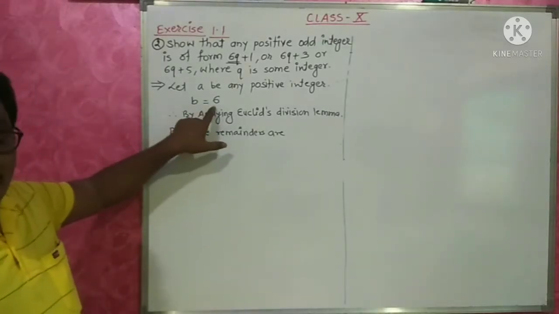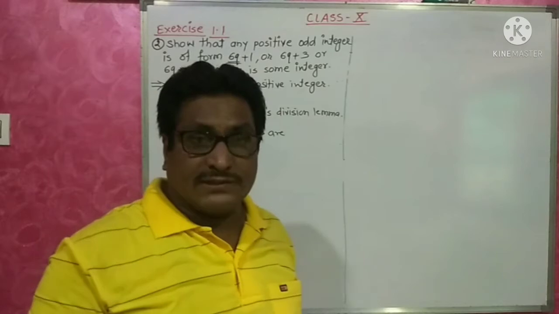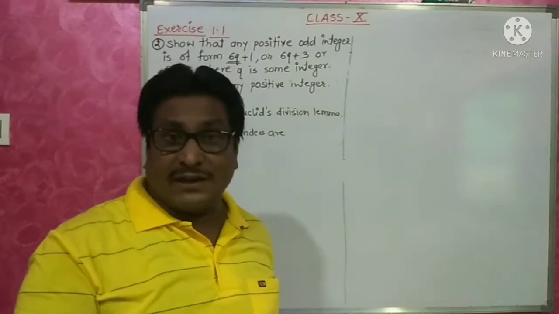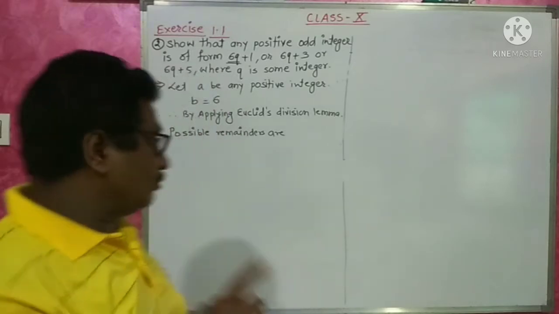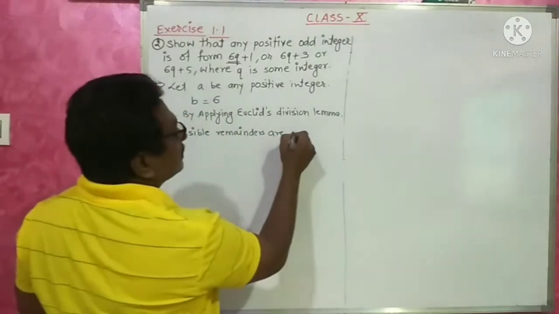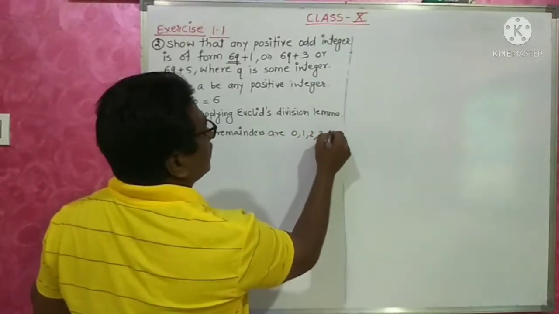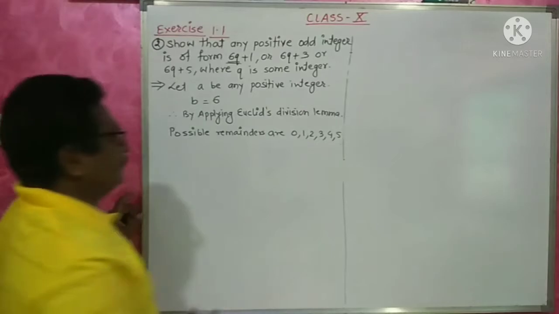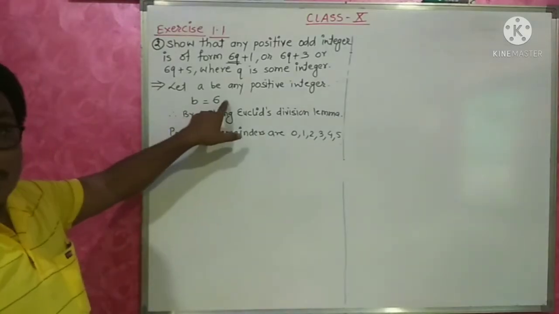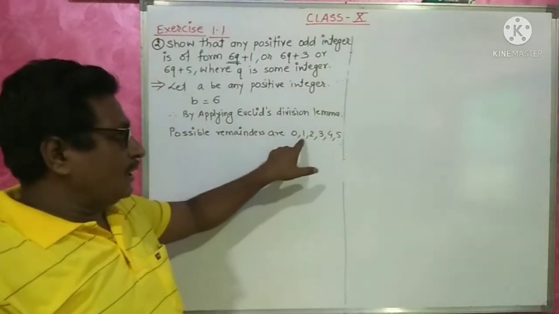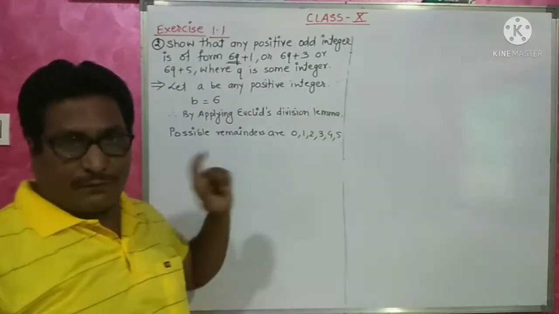The divisor is 6. The remainder is always less than the divisor, so it is greater than or equal to 0 and less than the divisor. So what will we get? 0, 1, 2, 3, 4, 5. 6 will not come. So less than 6, which numbers will come? 0, 1, 2, 3, 4, 5.